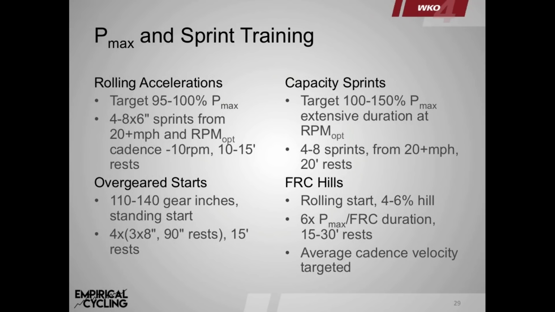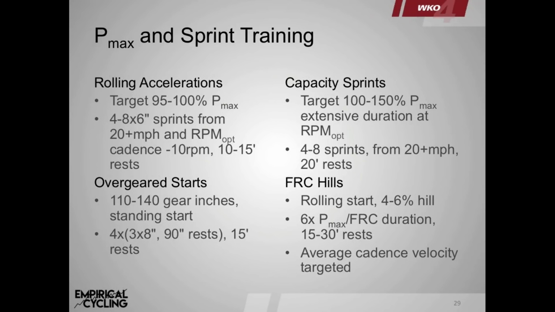And also RPM optimal cadence minus 10 RPM. So if you know your RPM optimal is in, say, the 110 RPM bin, you're going to start your sprint at 100 RPM. And so that way, as you accelerate, you are going to be working your leg velocity around your Pmax for 6 seconds. So that is meant to drive up your Pmax.